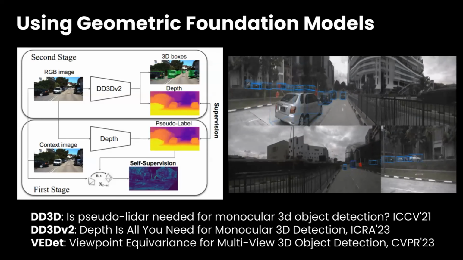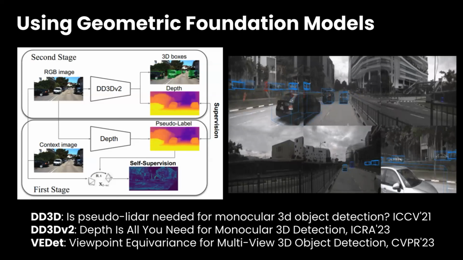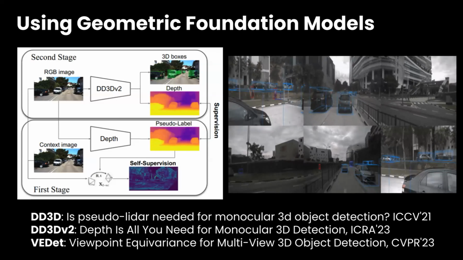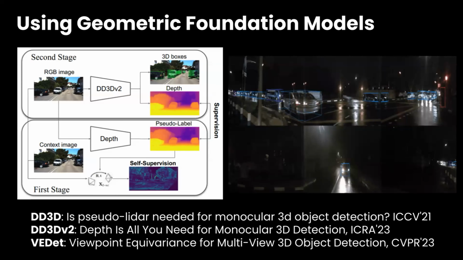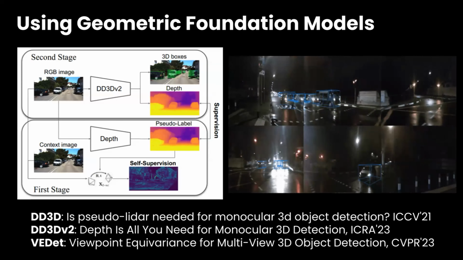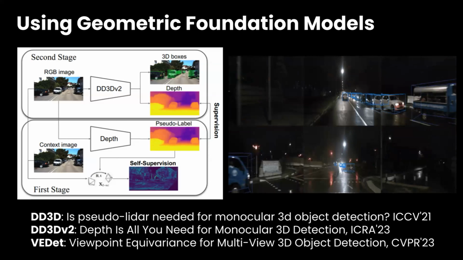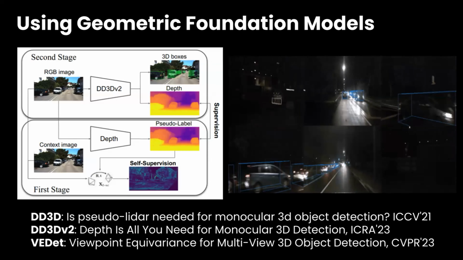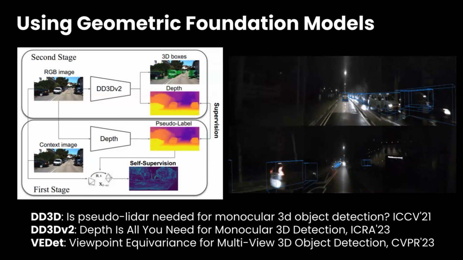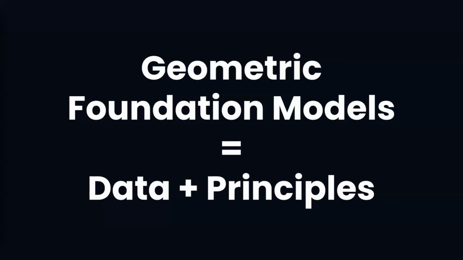One of the commonalities we found here is that pre-training using these geometric foundation models as the start of the backbone turned out to be really helpful for these papers. And again, we'll talk more about this and about specifically the viewpoint equivariance and data augmentation later.